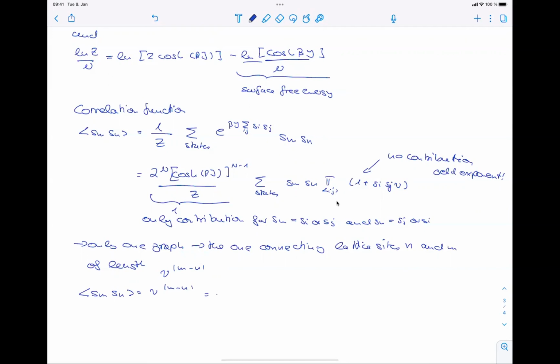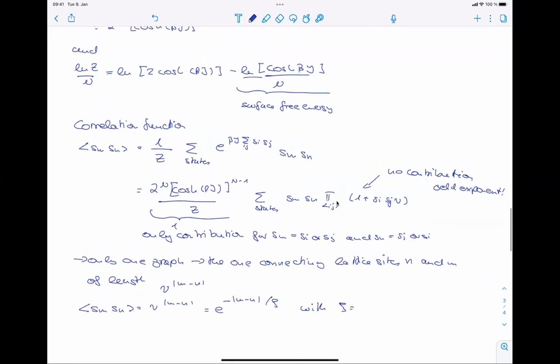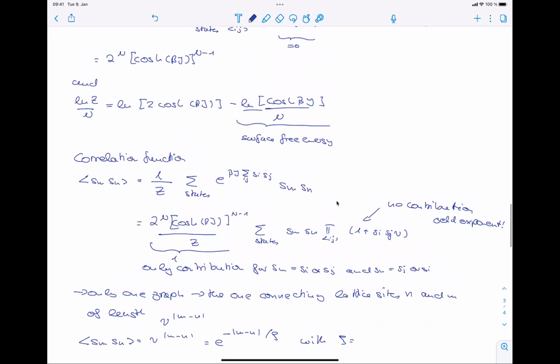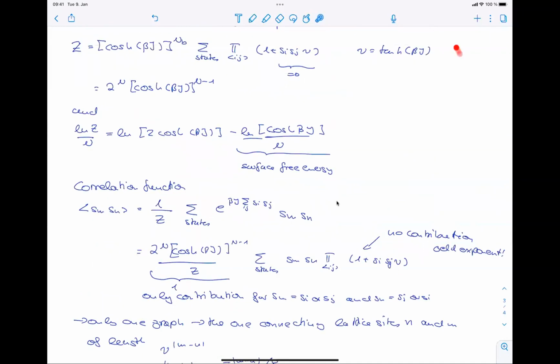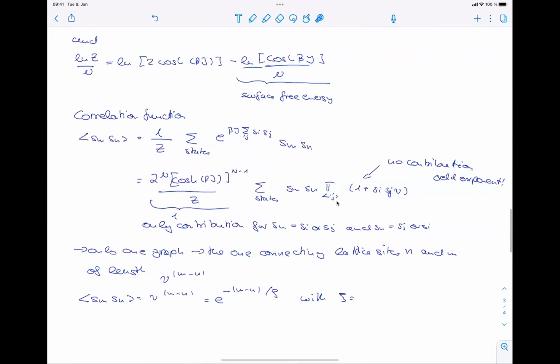And I can rewrite this as e to the minus |m − n|, which is the distance along the lattice, over a correlation length, where now the correlation length follows from the definition of v, which got jotted down up here. So this is the definition of v.